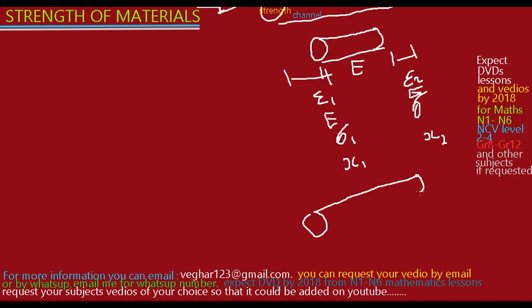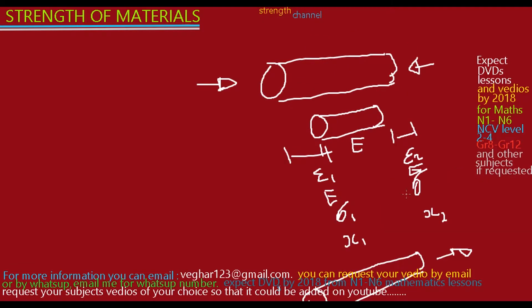It's tension, the tensile stress. Okay, so we are looking for x of this one and x of this one. So your equation will be this, and then x is found in this equation.